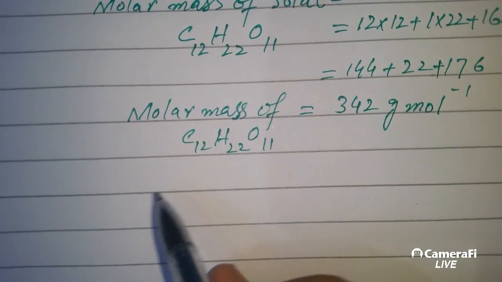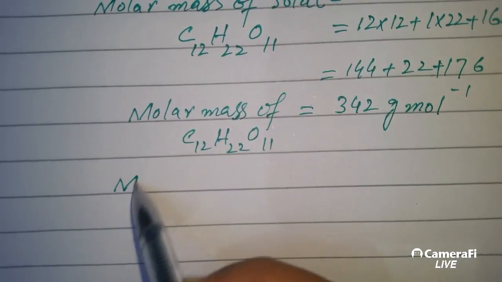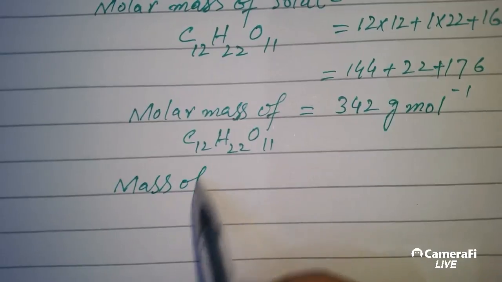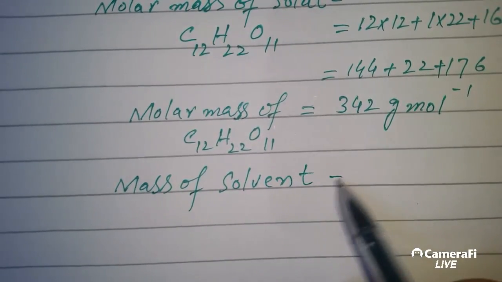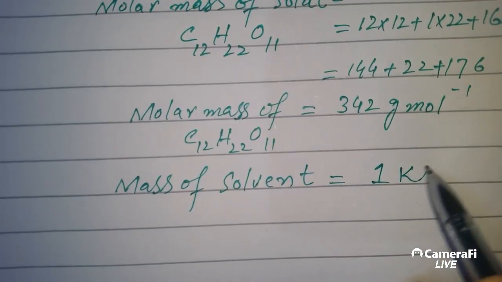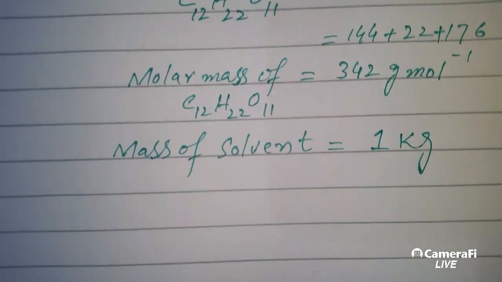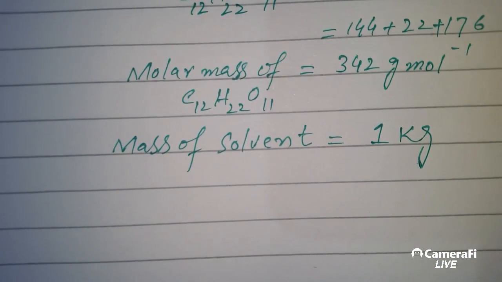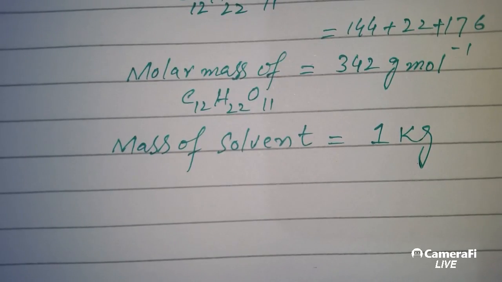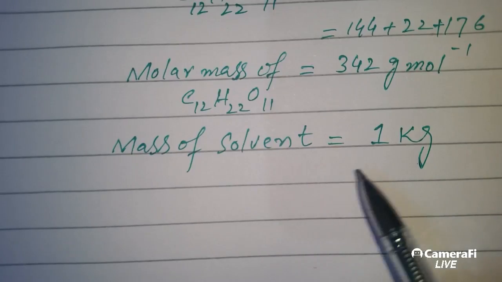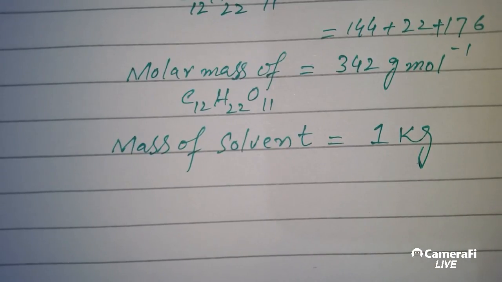So we can find the mass of solvent, which is equal to 1 kg, and we have deduced it from 1 molar. 1 molar is equal to 1 mole per kg. So the mass of solvent is 1 kg.